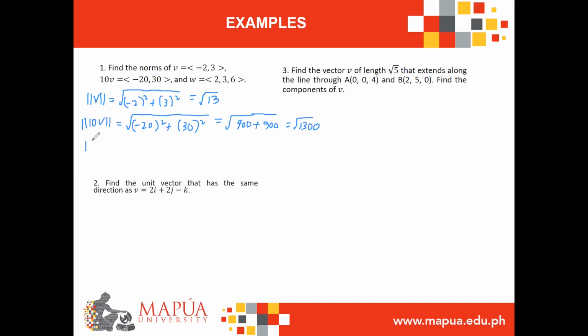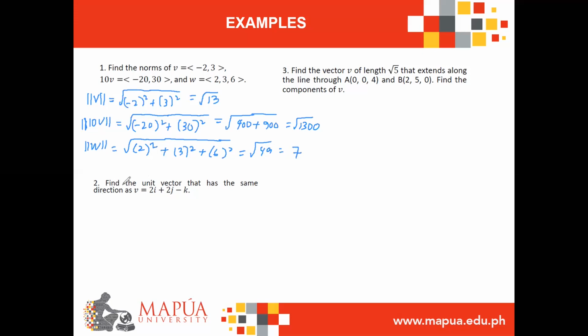Then for the magnitude of w, we have the square root of quantity 2 squared plus quantity 3 squared plus quantity 6 squared. So this is 4 plus 9 plus 36, that is square root of 49, or this is also 7.